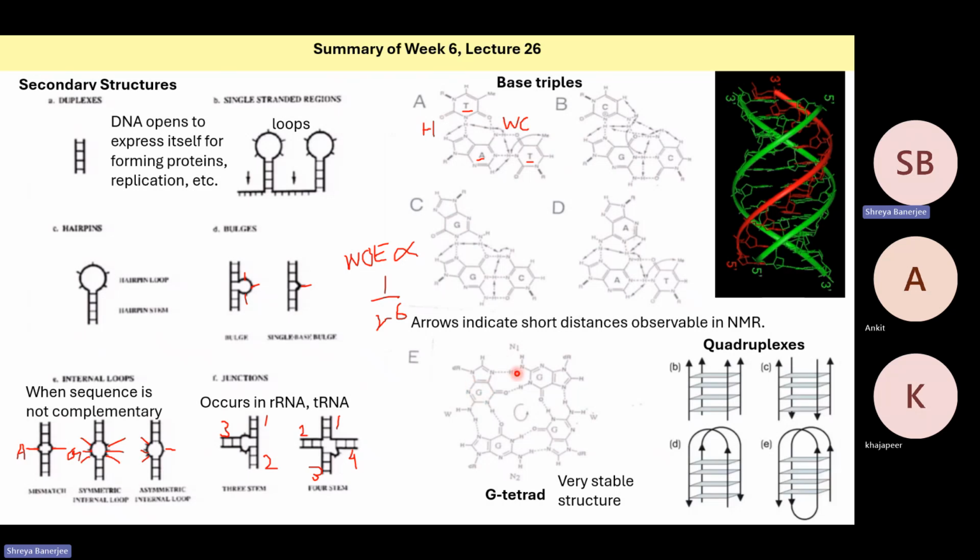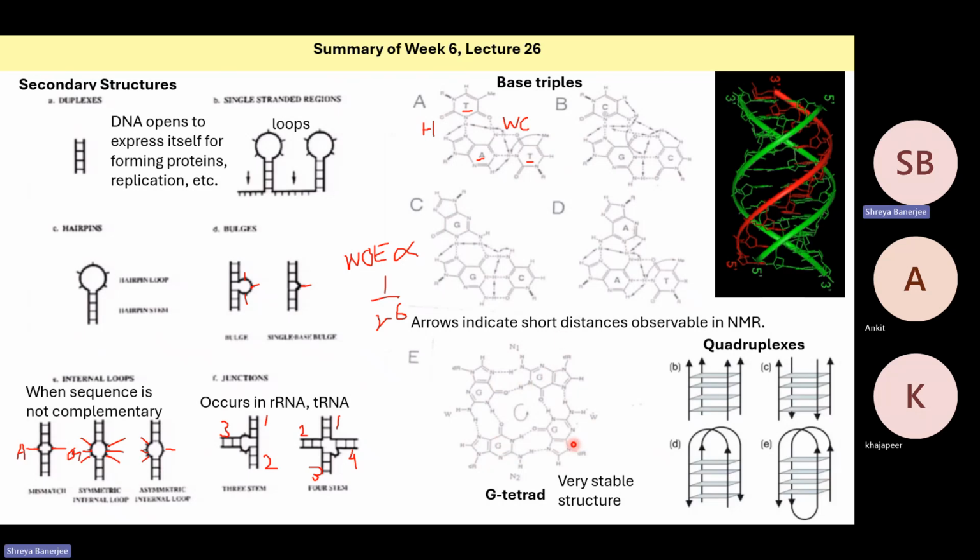Each G has two hydrogen bond acceptors, that is this N of the 5-membered ring and the carbonyl of the 6-membered ring. Each G also has two hydrogen bond donors, that is this amino and this imino proton. This is true for all four Gs, and together a very symmetric and stable structure is formed.